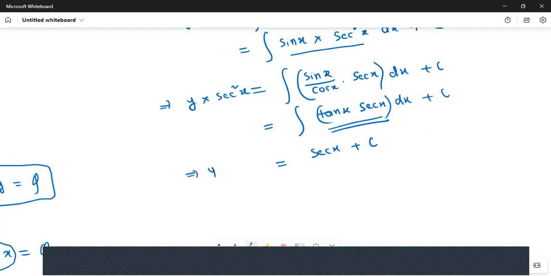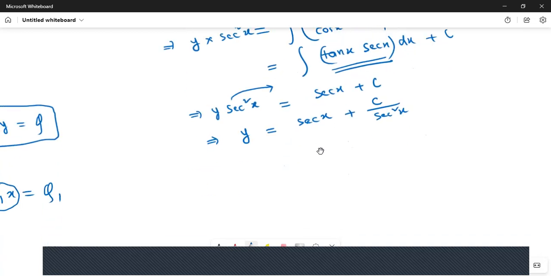So this side is now y sec square x. So finally, you can write y, if you shift it towards the right, so it will be sec x divided by sec square x, which is 1 by sec x only, plus c by sec square x, correct? So that will become cos x plus c cos square x.